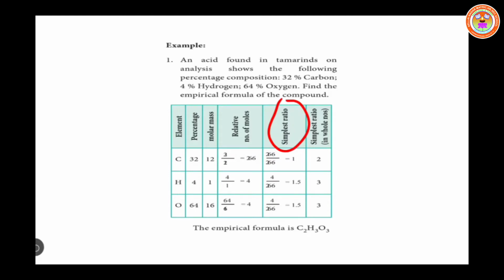Here the relative number of moles of the elements are 2.66, 4 and 4. Among these values, the lowest value is 2.66. So to get the simplest ratio, we should divide all the relative number of moles by 2.66.